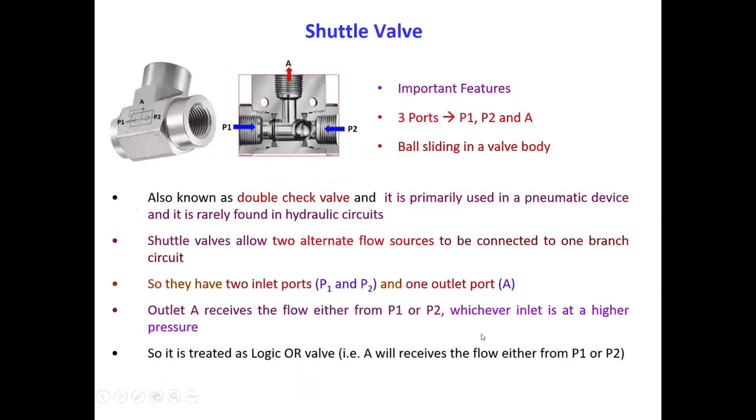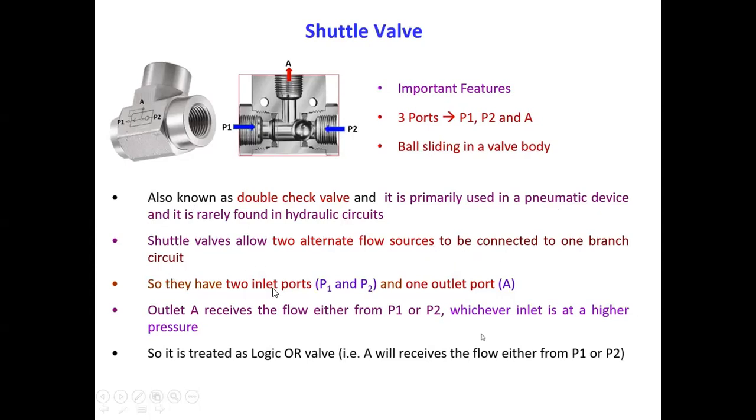Shuttle valve. Important features: ports P1, P2 and A, with a ball sliding in the valve body. It is also known as a double check valve, and it is primarily used in pneumatic devices and rarely found in hydraulic circuits. A shuttle valve allows alternate flow sources to be connected to one branch circuit.